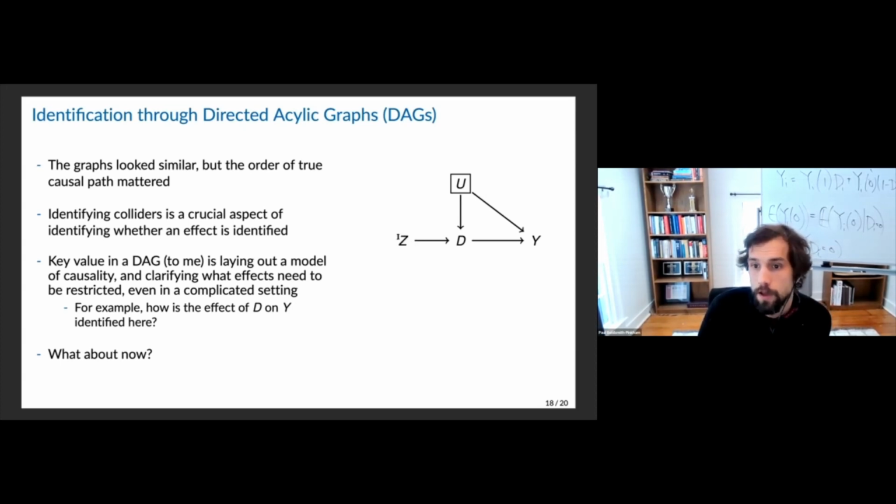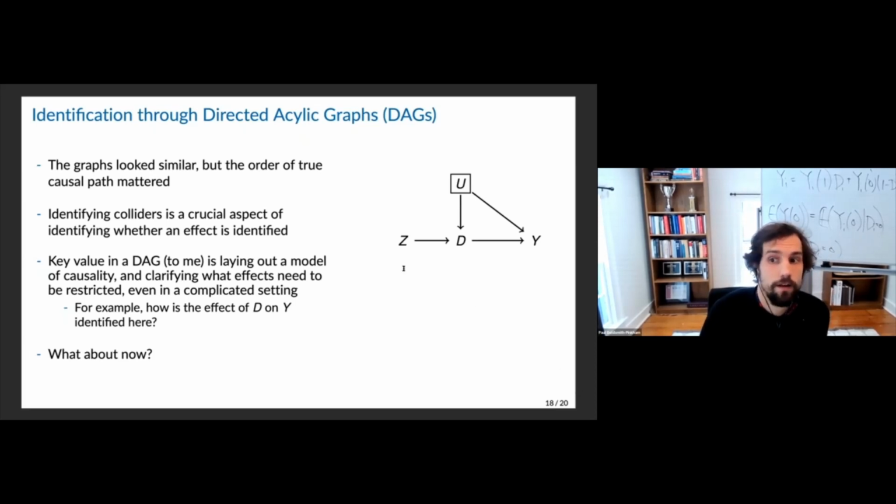So Z, we can identify the effect of Z on Y, right? So Z, we see the path. There's a direct causal path from Z to Y. That's no problem. There's nothing backdoor. It's exogenous. Everything holds. Same thing, we can identify the effect of Z on D.